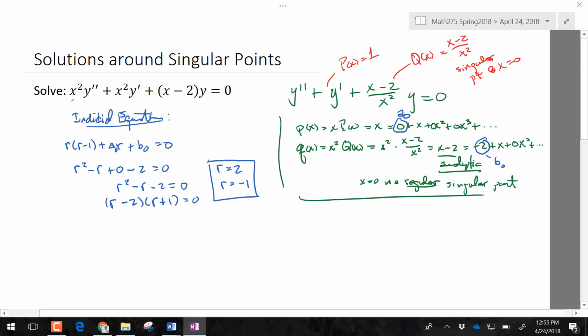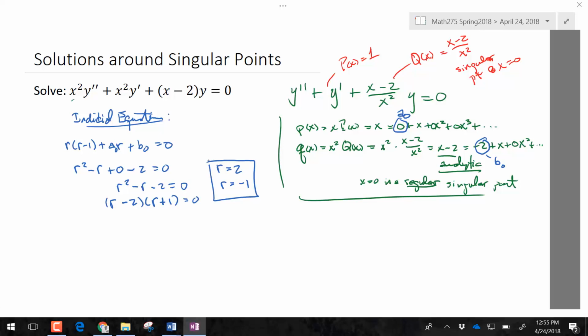So the second case of our indicial roots breakdown tells us that if the roots differ by an integer, then we have to take a look at what the form is. It has a specific form.